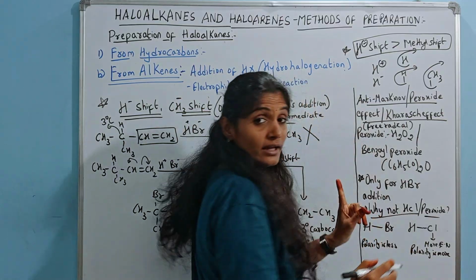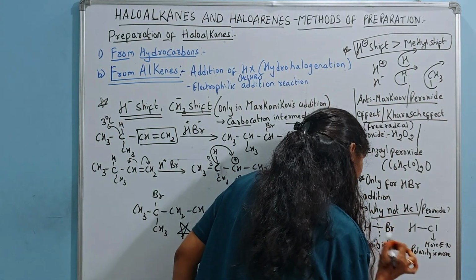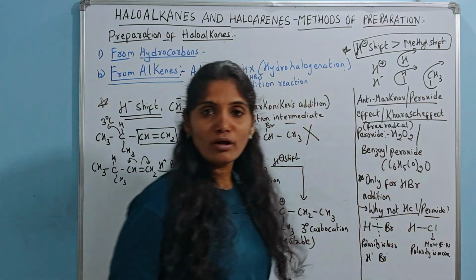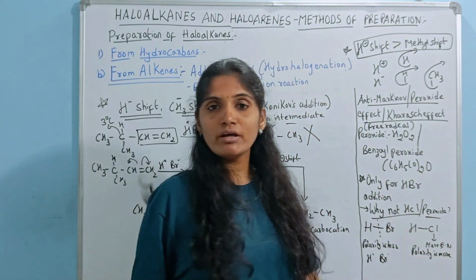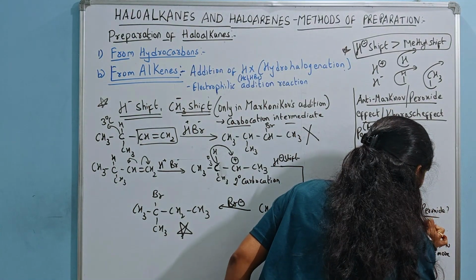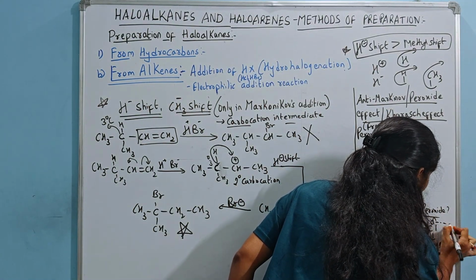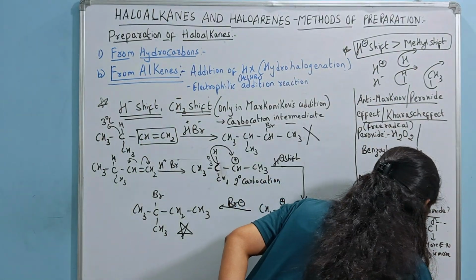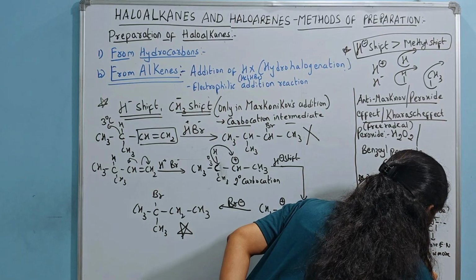Because the polarity is less in HBr, it is possible for me to break this bond and form free radicals, H dot and Br dot. But when we come to HCl, the charge separation is more. That is the reason free radicals can't be produced.